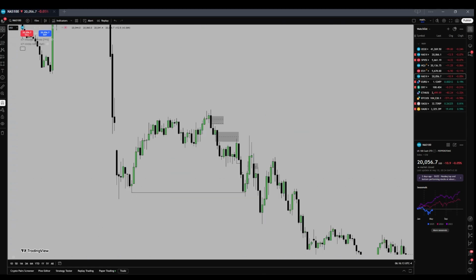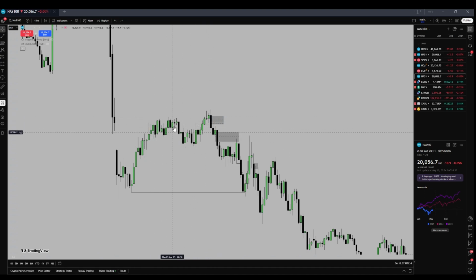One of my favorite trading days in the past few months was Thursday, 3rd of April. Extremely clean price action. Look at this up move here. Why is this important?